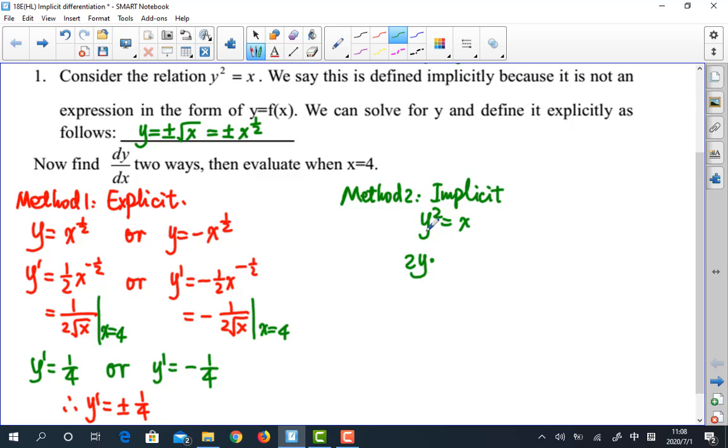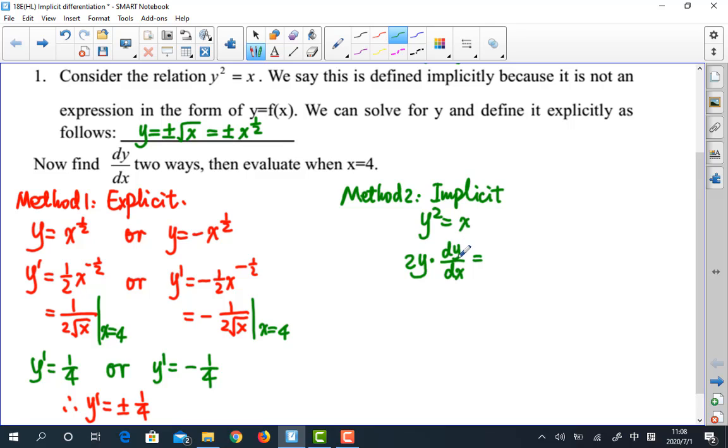What is my inside? The base function. The base y is a function of x. But this time we don't put down y prime. We prefer to write y prime as dy over dx because you want to have very clear view on the expressions.